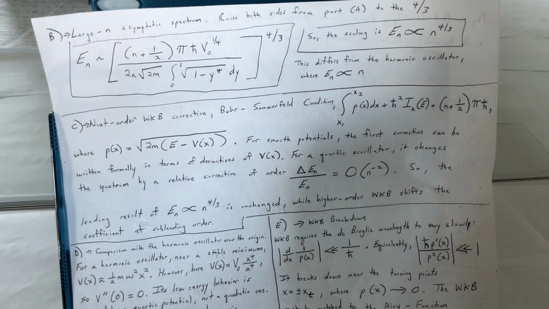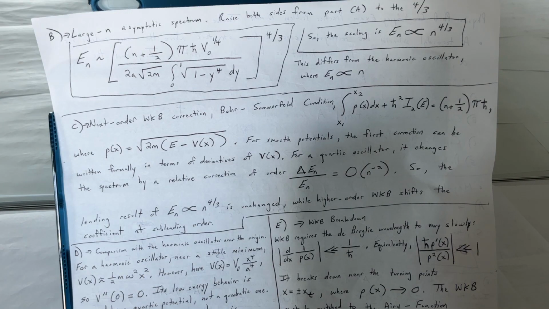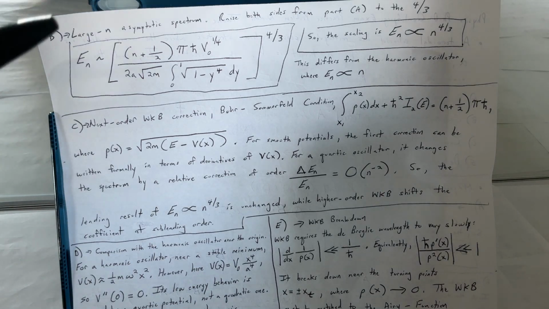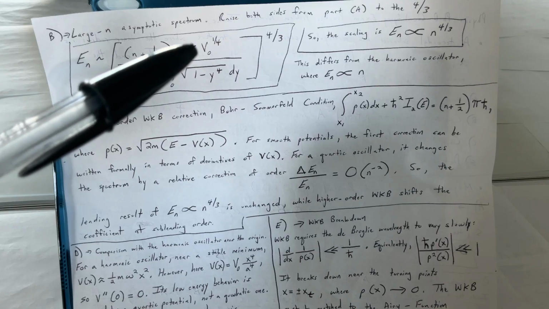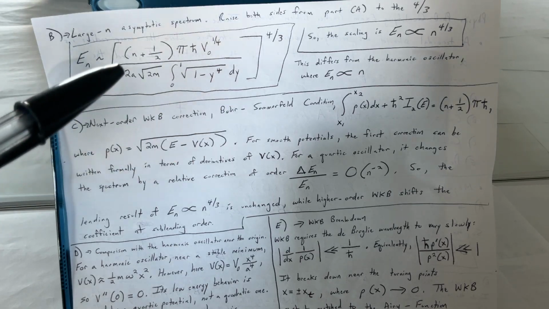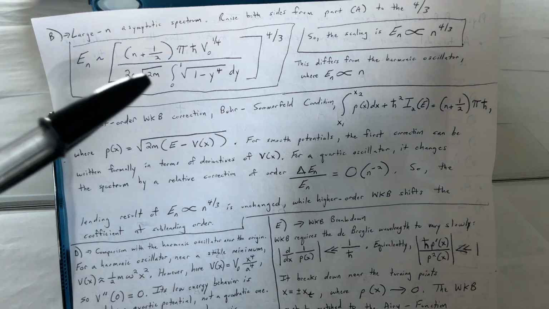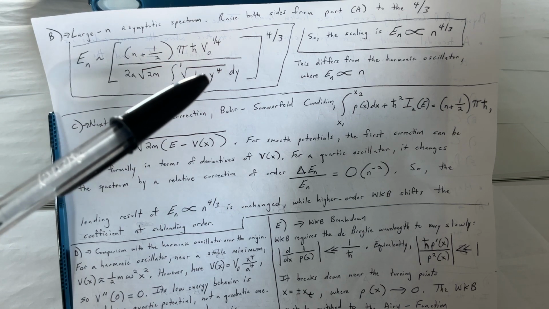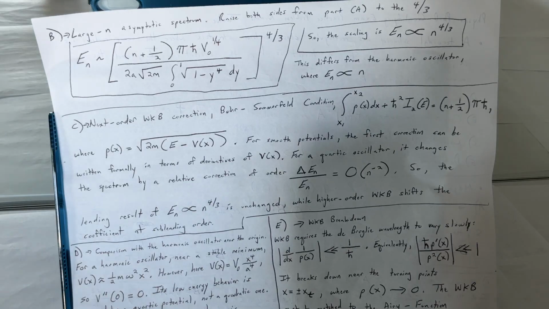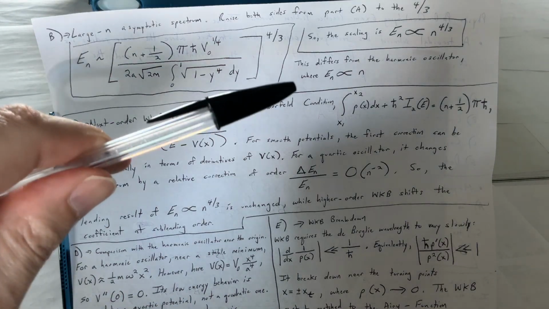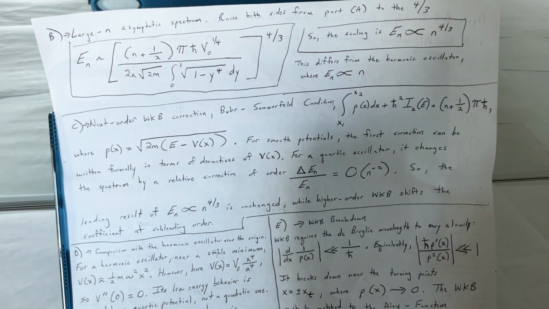So doing that, you're going to get E sub n is approximately this bracket, the quantity n plus 1/2 pi h bar V naught to the 1/4 over 2a square root of 2m times the integral from 0 to 1 of the square root of 1 minus y to the fourth dy, all of that raised to the 4/3. So we could say that the scaling is E sub n is proportional to n to the 4/3. And this differs from the harmonic oscillator, where E sub n is proportional to n. So that's part B.